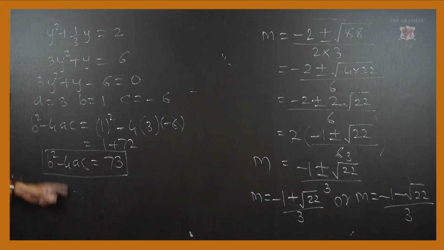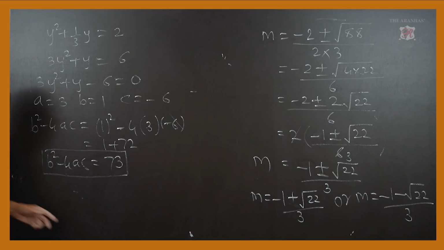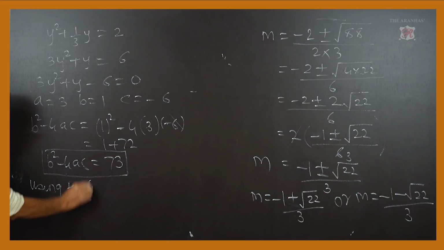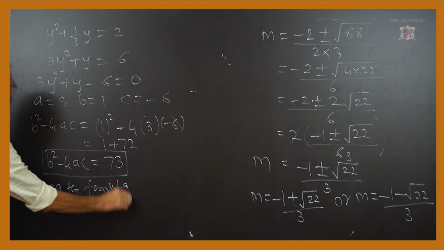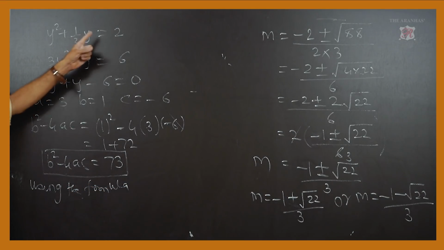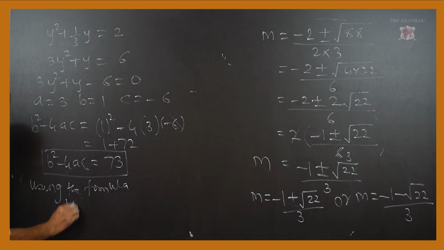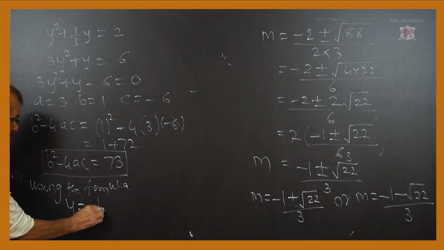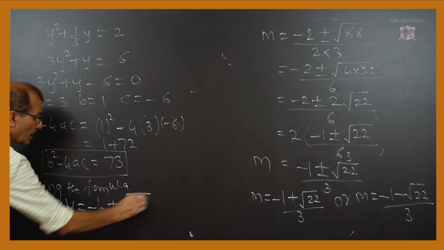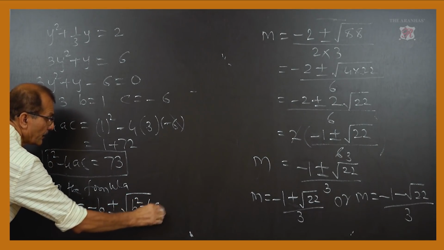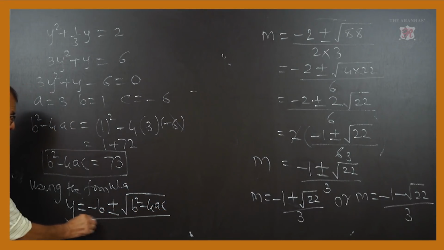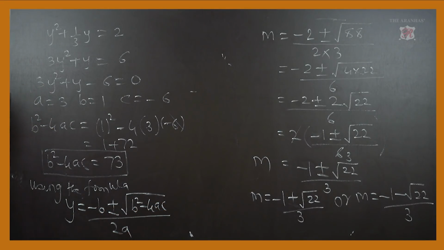Once you get the value of b square minus 4ac, now you use the formula. What is the formula? Now see, what is the variable here? y. So, the formula will be y equals to minus b plus minus root of b square minus 4ac, the whole thing divided by 2a.